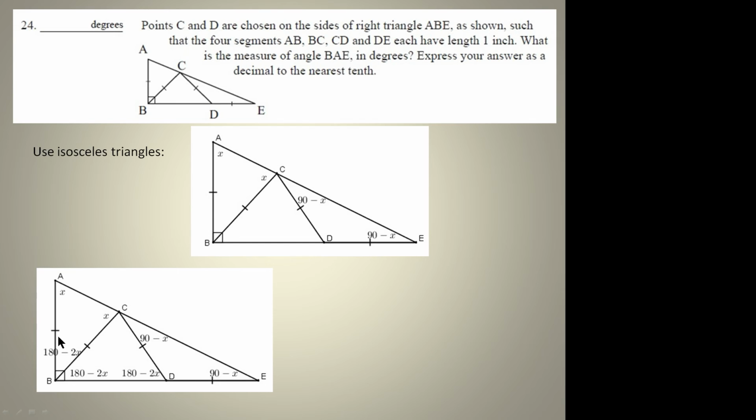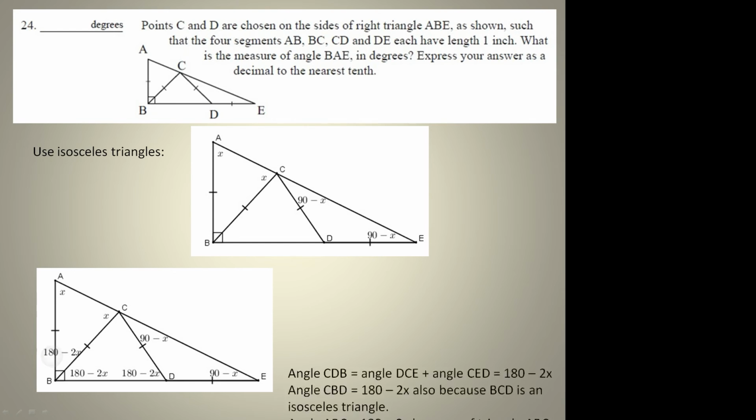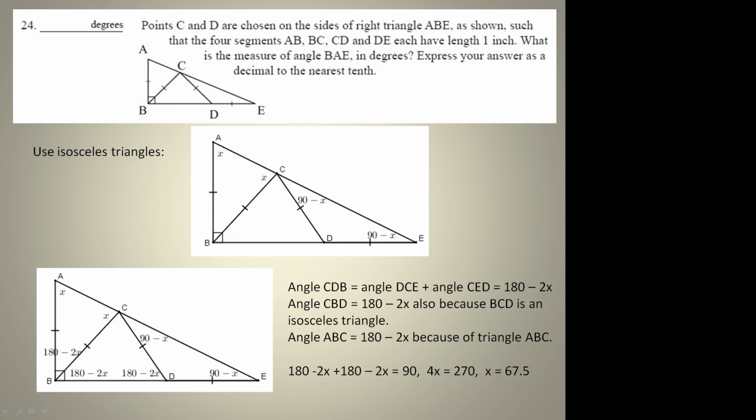That angle is also 180 minus x because the total of the three angles is 180. So this is 180 minus 2x. But this is a 90-degree angle here. So this plus that should be 90, and this gives us an equation to find x.